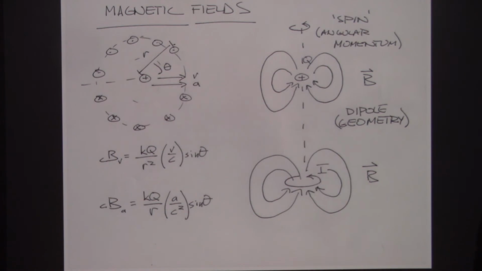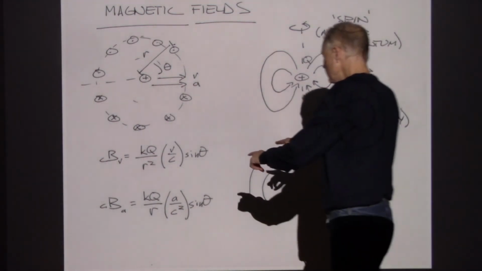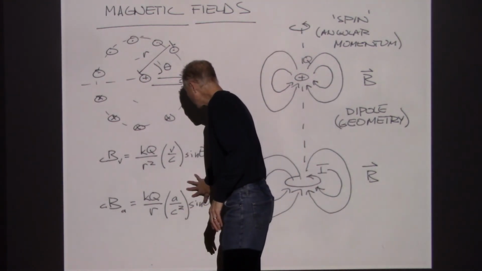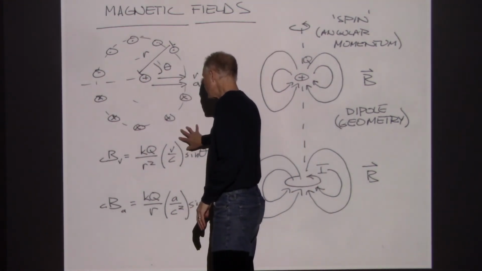And that's what radio station broadcasts are, or a cell phone communication is done through acceleration fields, not through the velocity fields. So that's something, again, that we'll be looking at in the upcoming chapters, 29, 30, and 31. We'll be talking more and more about acceleration fields versus velocity fields.